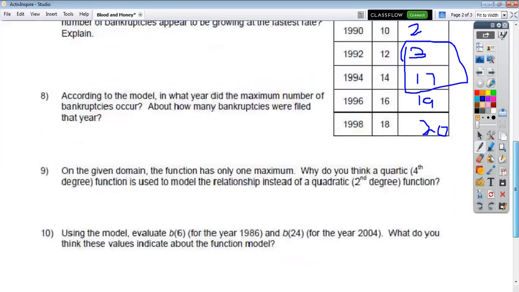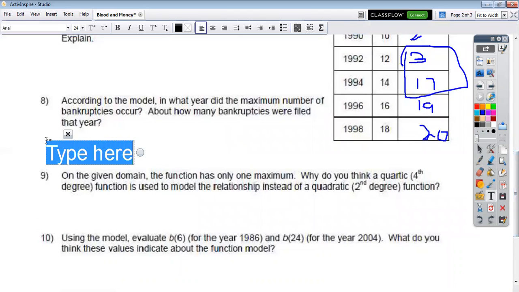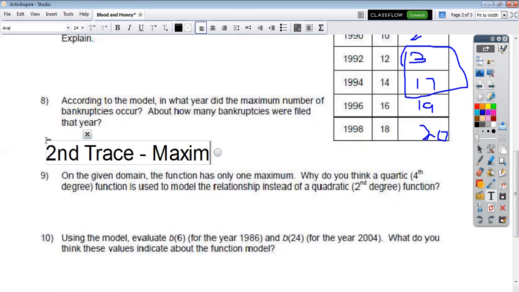And according to the model, in what year did the maximum number of bankruptcies occur? How many bankruptcies were filed that year? So again, you are going to use second trace and then maximum, and use that to find the maximum point on your graph.